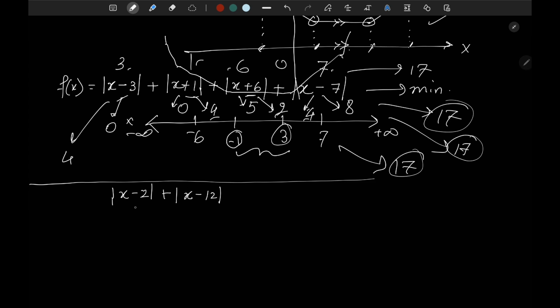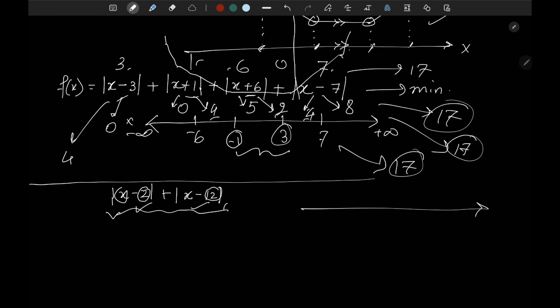Because what actually does this signify, this whole equation, in terms of your distance? This tells you about a point x and the sum of its distance from a point 2 and a point 12.